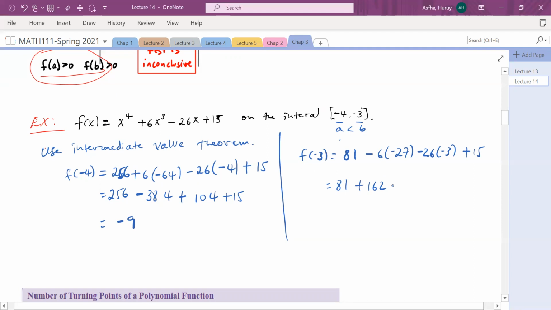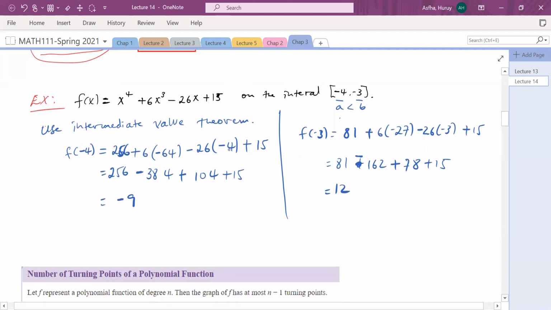Well, this is plus, so this has to be minus. And we have here 878 plus 15. Therefore, it will be 12. Okay.